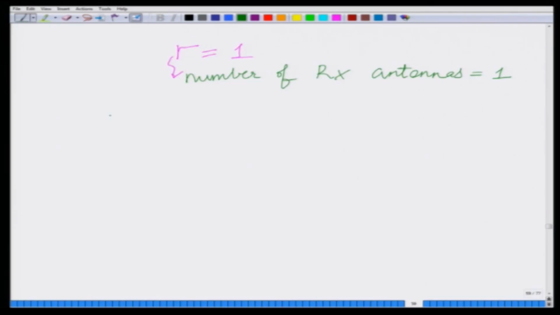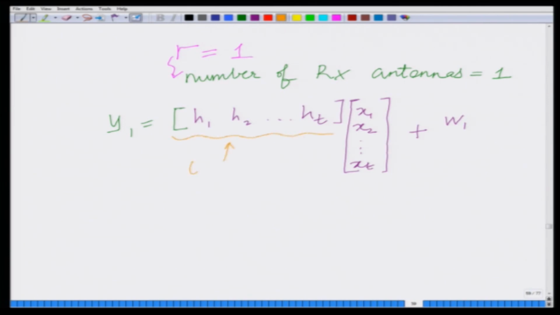So, I have a 1 cross T channel matrix, which means I have a row vector, and this is a very interesting scenario which we have not seen before, where we have multiple transmit antennas and a single receive antenna. Therefore, I can represent this as y1 is equal to the row vector h1 h2 hT times x1 x2 xT plus w1, which is the noise sample, and this is the channel vector.